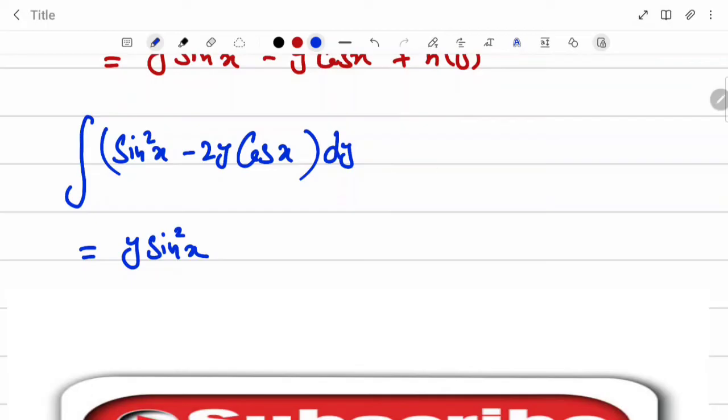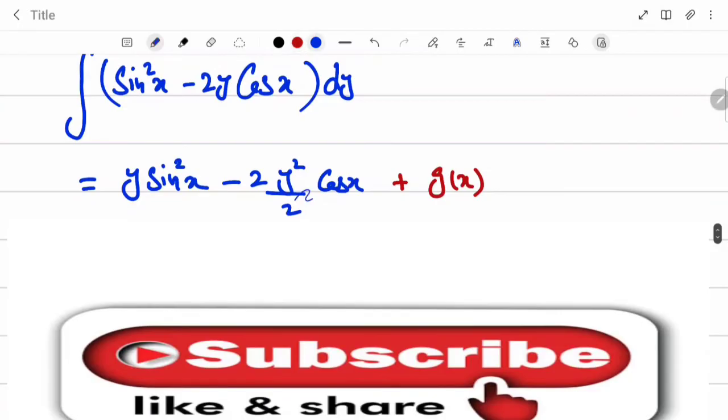If it doesn't appear in a term, then it comes out of the integration. Hope you have the knowledge about that. So minus 2, what about y? We have y²/2, then we have cos x, and we need to place plus g(x).